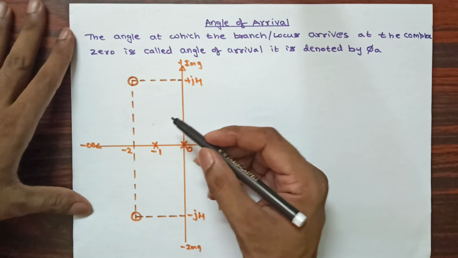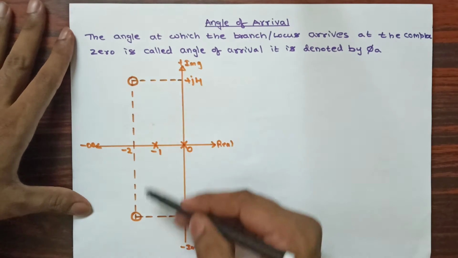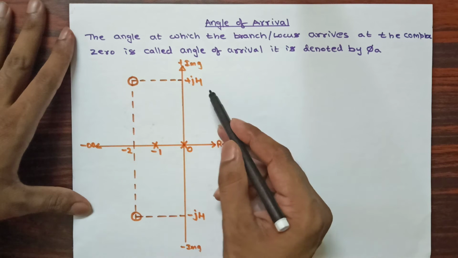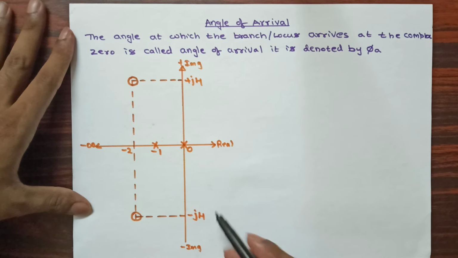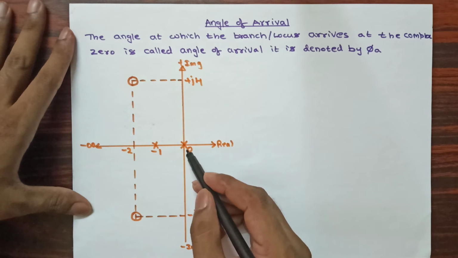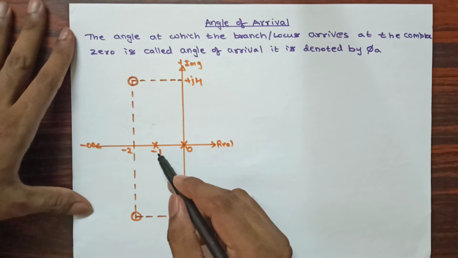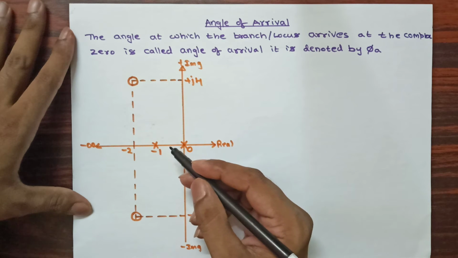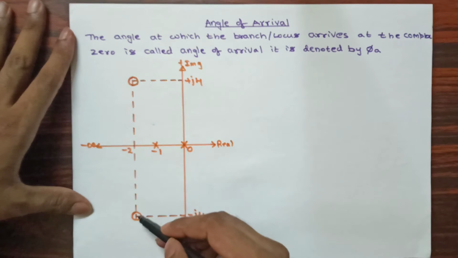In this you can see in place of complex poles I have considered complex 0s, that is minus 2 plus j4 and minus 2 minus j4, and I have located the pole locations, that is s is equal to 0 and s is equal to minus 1. Now I am going to calculate the angle of arrival either at this point or this point.